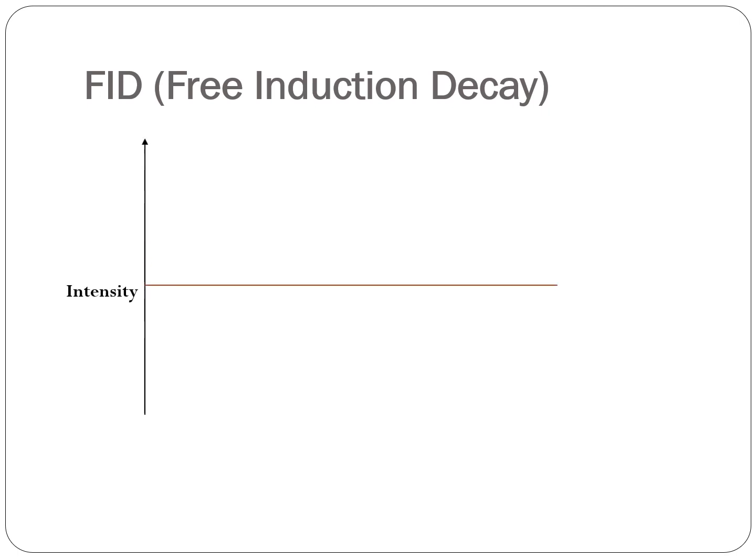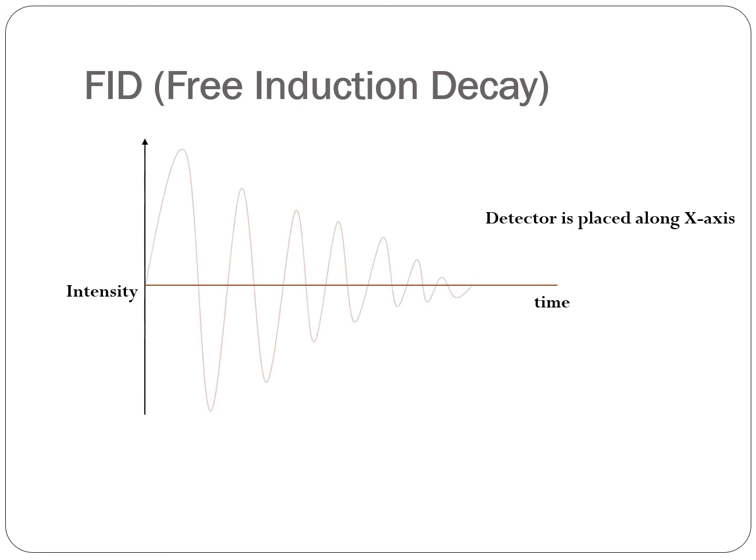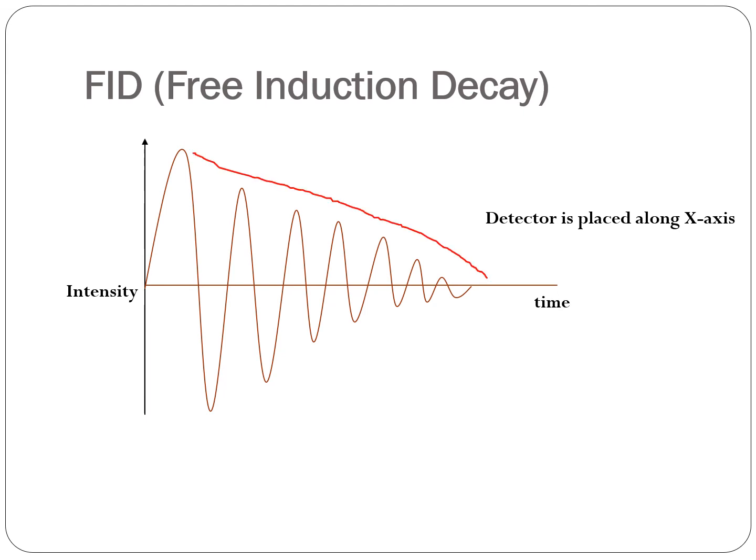I am taking the intensity versus time, and the detector is placed at the x-axis. So the detector is seeing the intensity when the bulk magnetization is placed at the x-axis. The first time it has the highest intensity and slowly it decays. This is called as free induction decay.